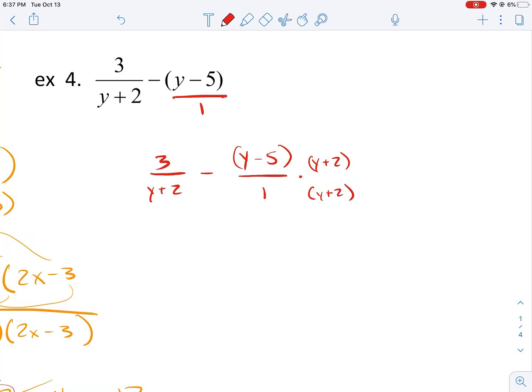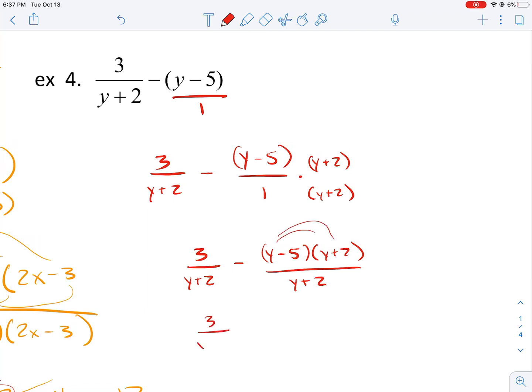By doing so, we get 3 over y plus 2 on the left. Over here I'm going to have y minus 5 times y plus 2 all over y plus 2. All right, let's multiply this out here. So we're going to have 3 for y plus 2 minus y squared.